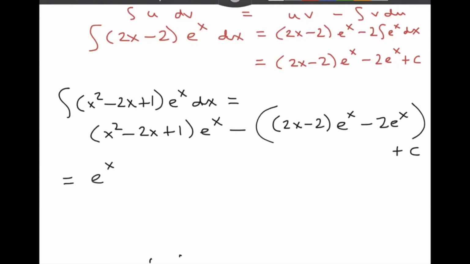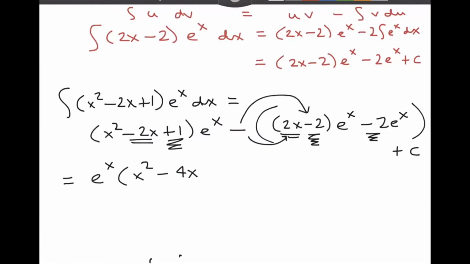Okay, so we have one and only one x squared term. Then we have a minus 2x. This is another minus 2x. So that's going to give me a minus 4x. Then we have a plus 1, a plus 2, and another plus 2, because remember, there's a minus out here.